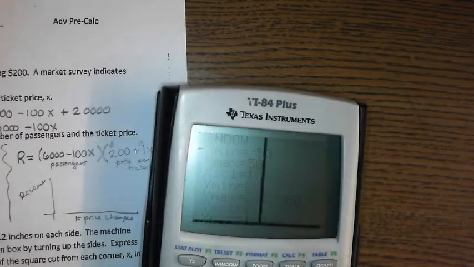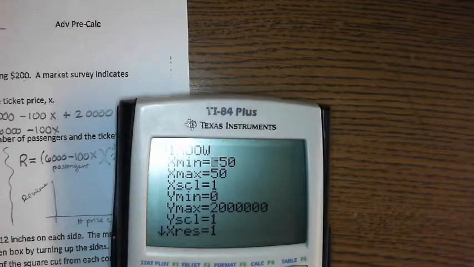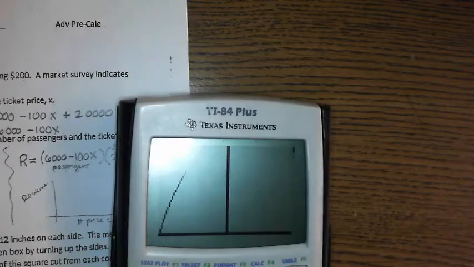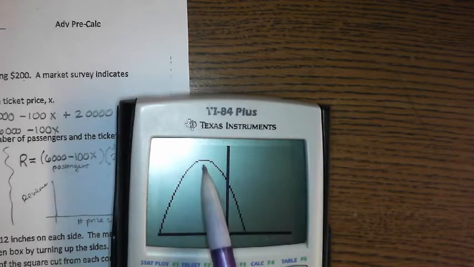So we'll see what that looks like. Okay, we have part of the parabola. I think we're missing more of it that way, yes? So if I go to like maybe decreasing the price up to $200 in either direction, there's a nice parabola.